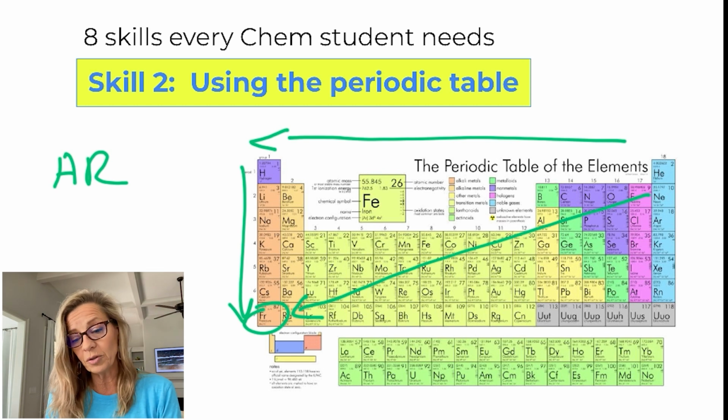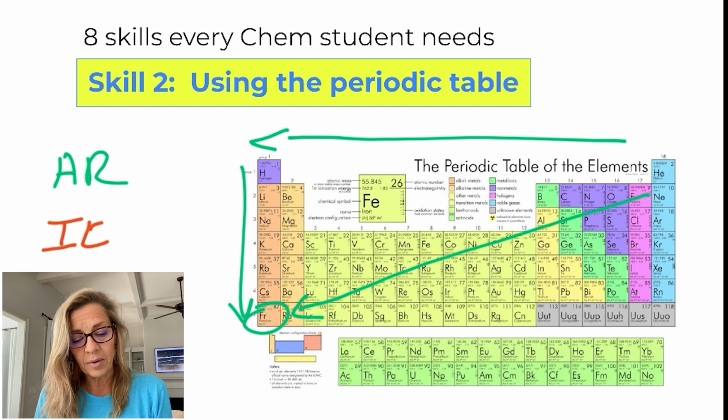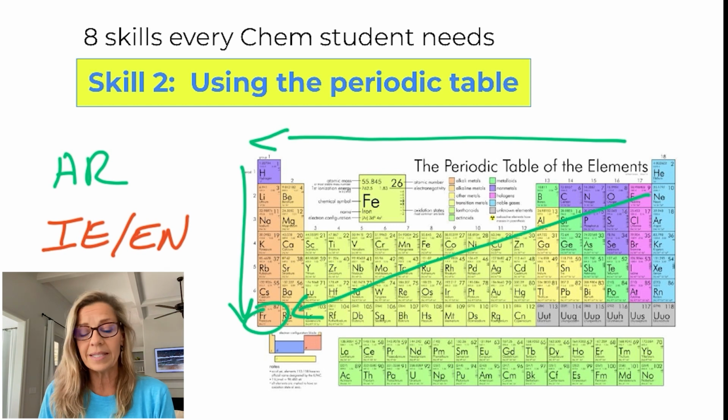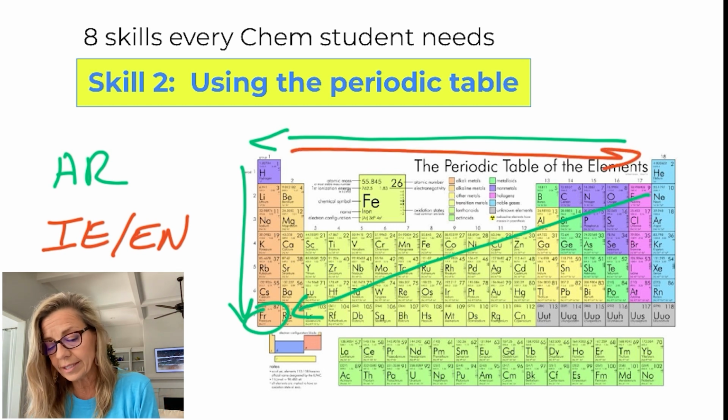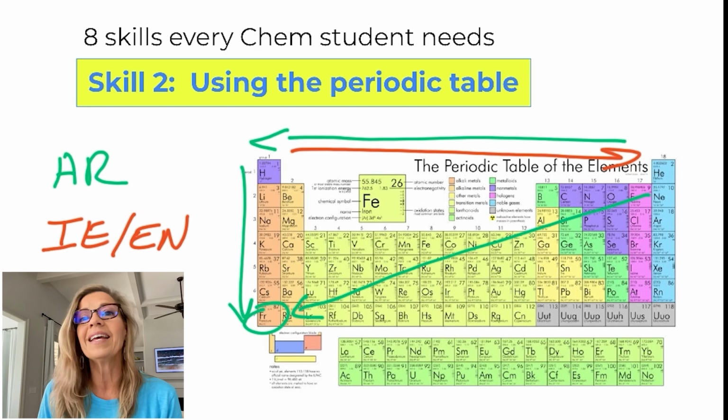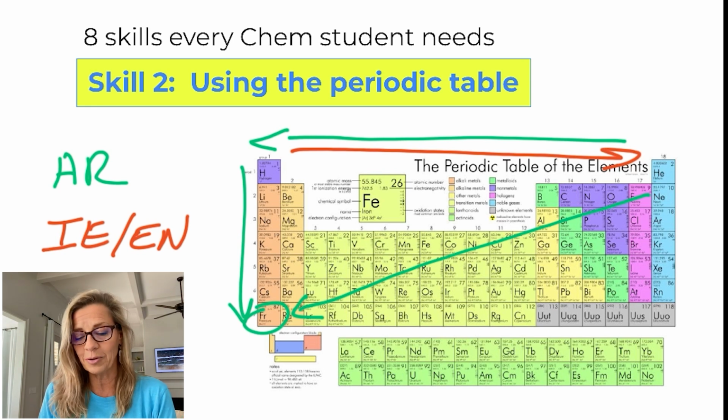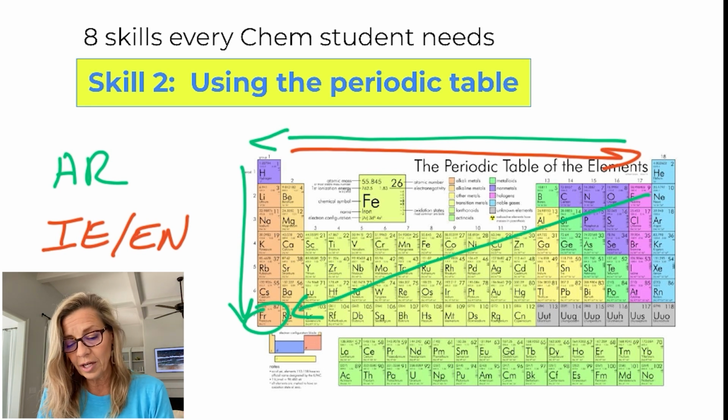Now, the other 2 trends are the opposite. So ionization energy and electronegativity do the opposite. And so as we go across a period, they both increase. This is electronegativity. And then also as we go up a period, they increase.